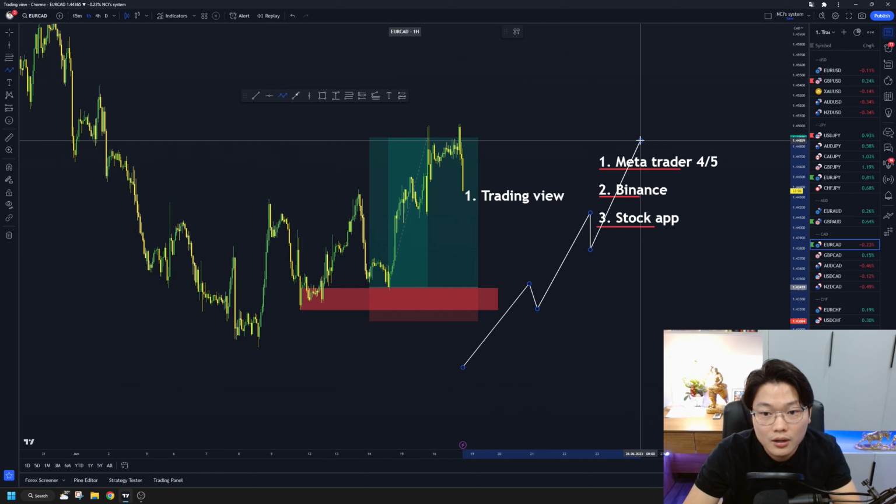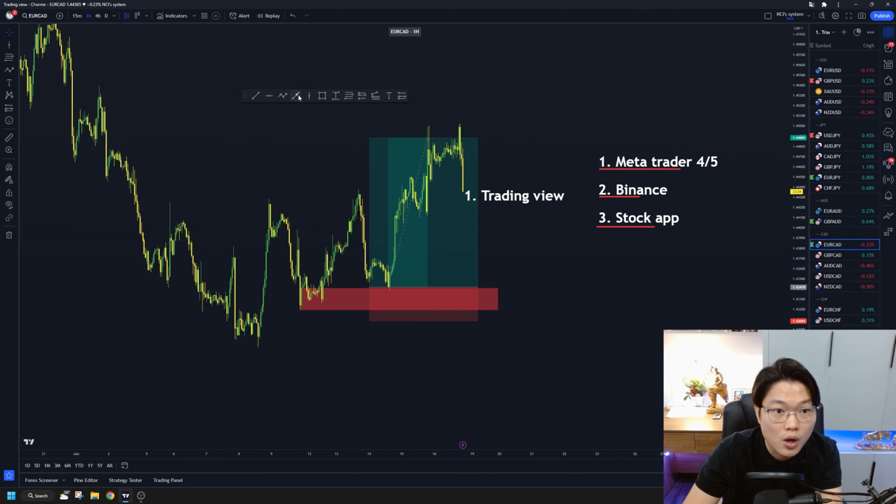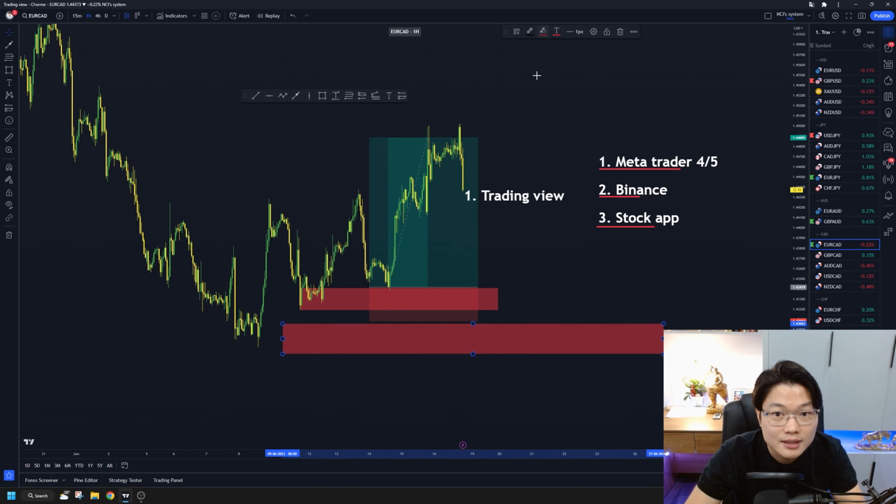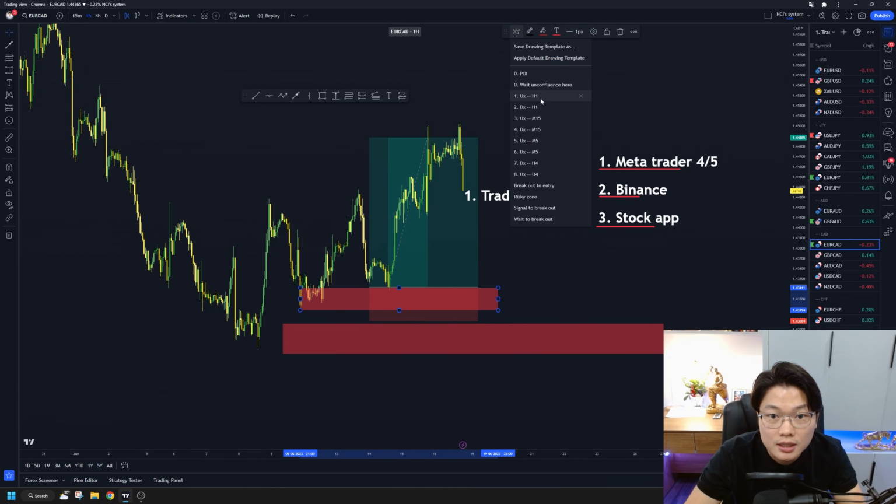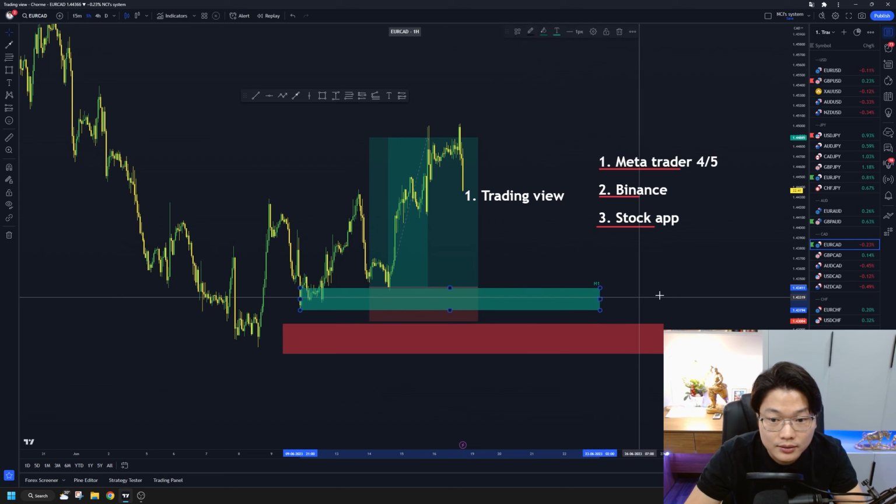I normally draw like this, and the next one is an arrow to point out some of the plays in the markets. For example, here I have to focus like this, and here is a box I draw to mark the entry play. I can change the color, for example, here is a buying zone, so I can change it into a green color.